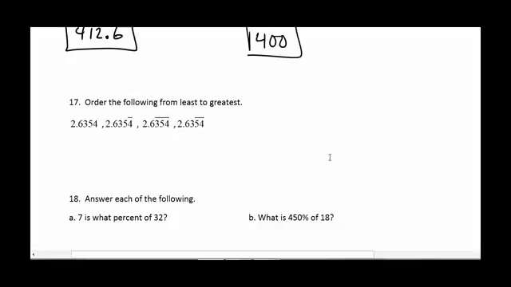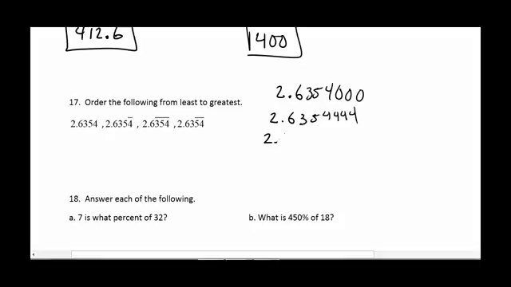Order from least to greatest. Okay, one thing that helps is to compare digit to digit, so I'm going to rewrite this. 2.6354 is the first number, and then there's a bunch of zeros after the fact. And we've got 2.6554 repeating.